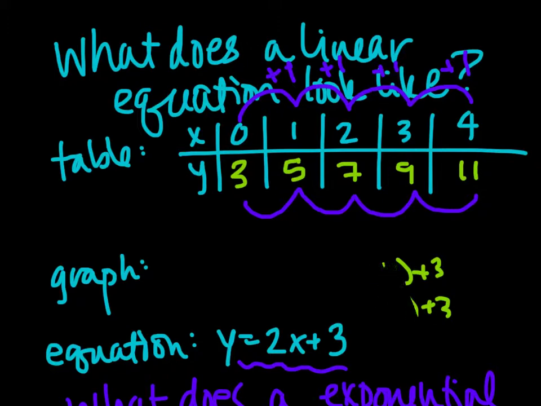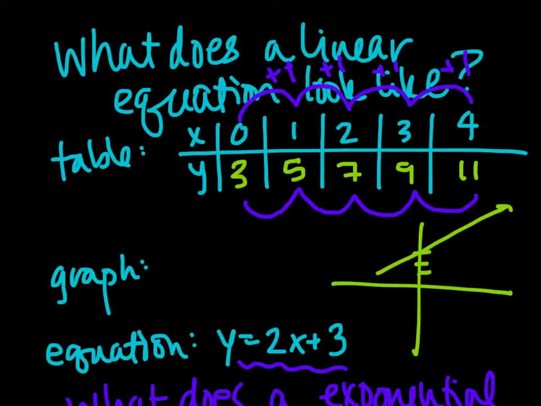So if we were to actually graph this, we'd be able to say, all right, it's going to have a y-intercept of 3, and from there it's just going to be a straight line, a rise of 2 for every 1 over. So we'd eventually be able to create a table and look at a graph.